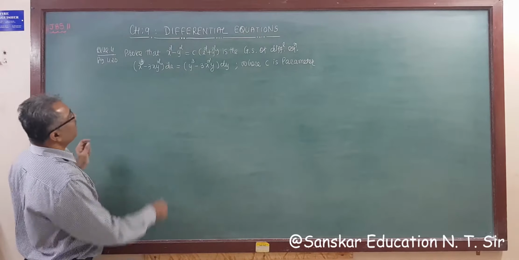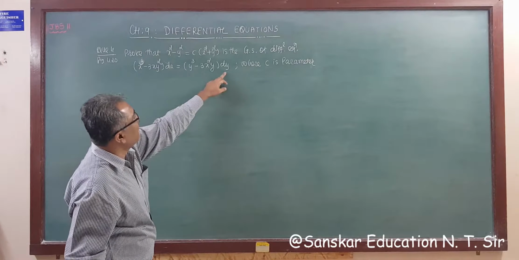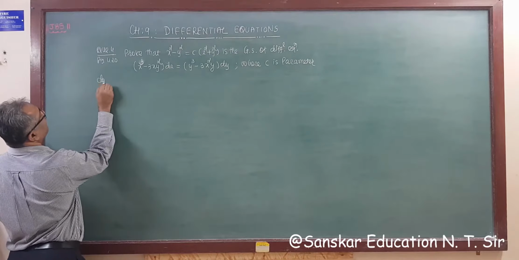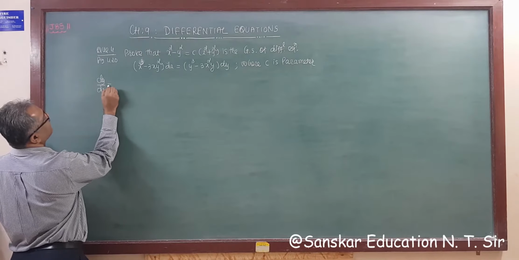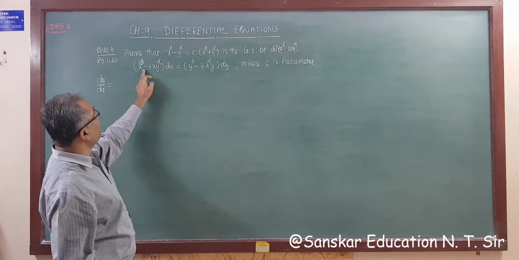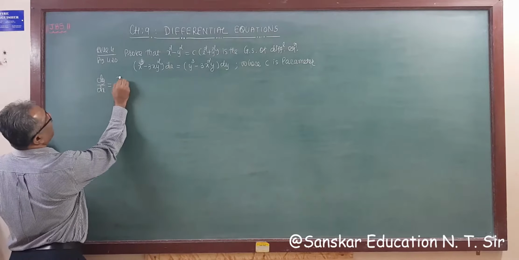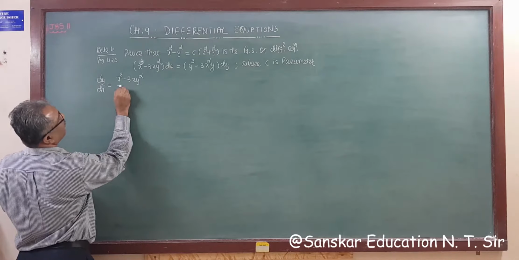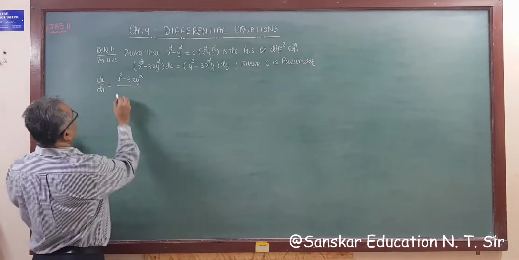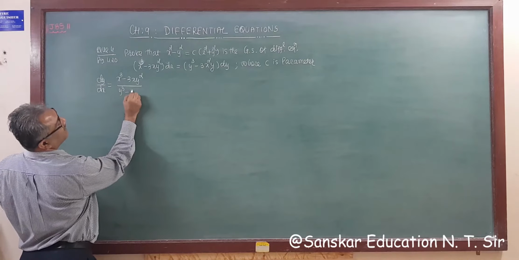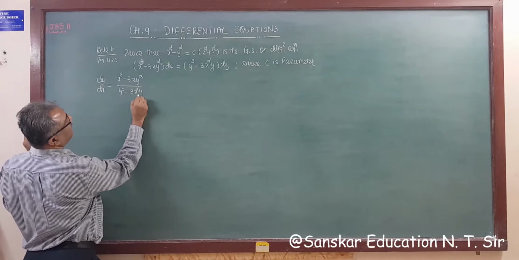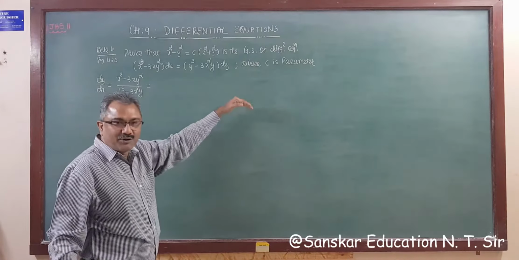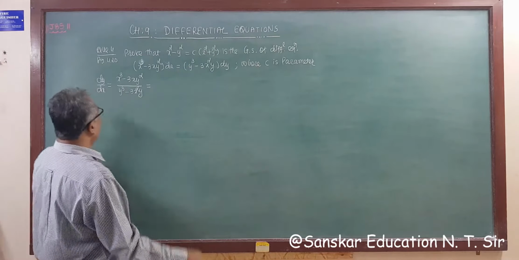So now from here I'm writing directly dy by dx. So we get dy by dx is equal to x cube minus 3xy square whole upon y cube minus 3x square y, right? So I'm writing here because we don't want to waste space.